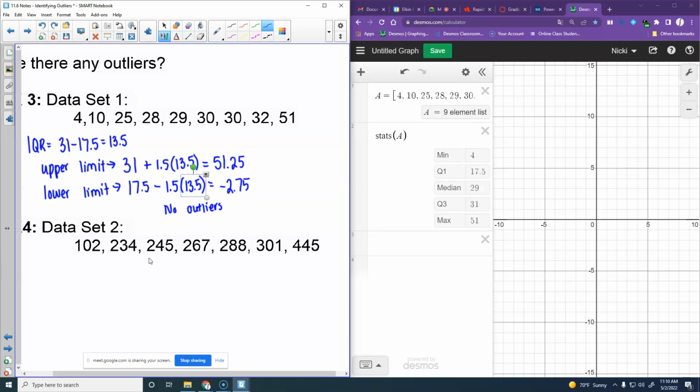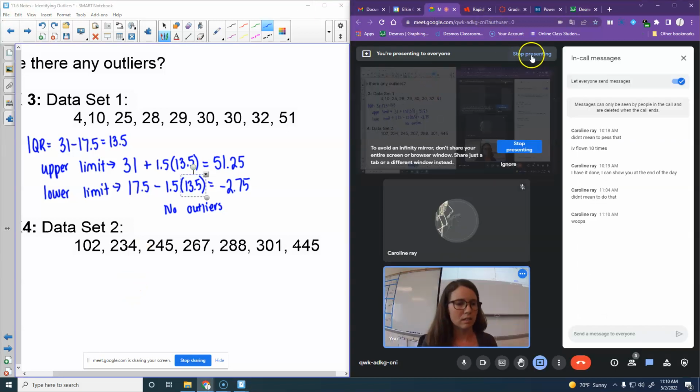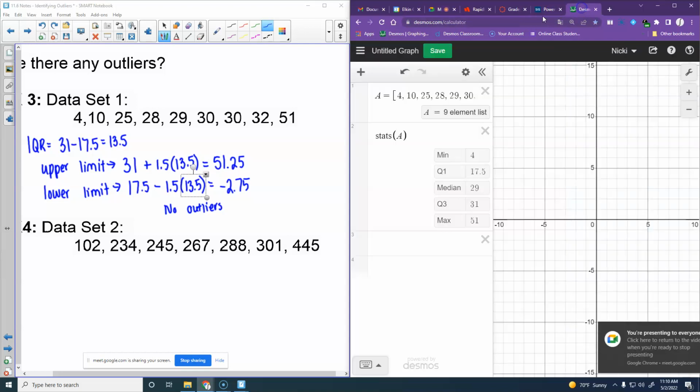So you have 3 numbers here. Find the quartiles.